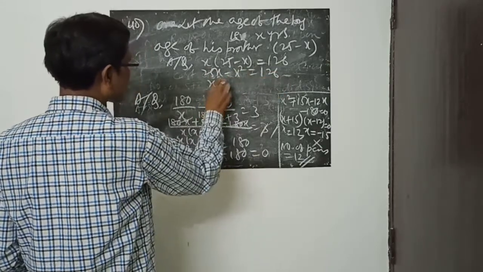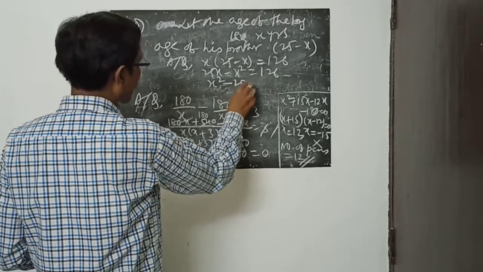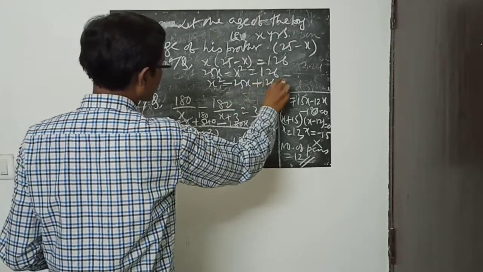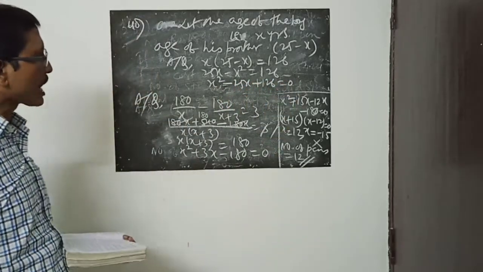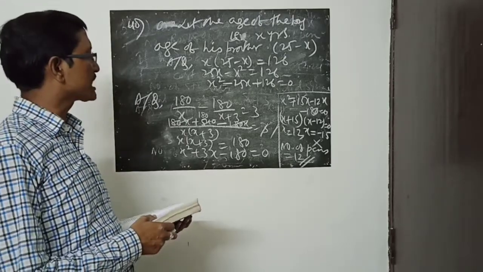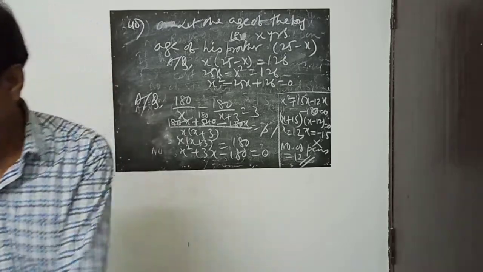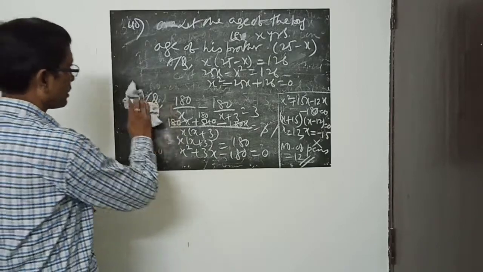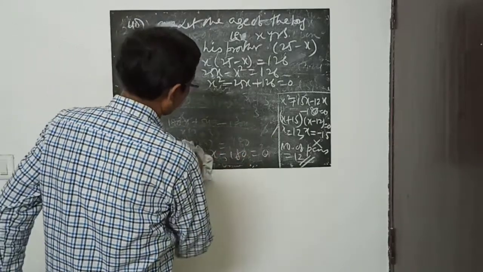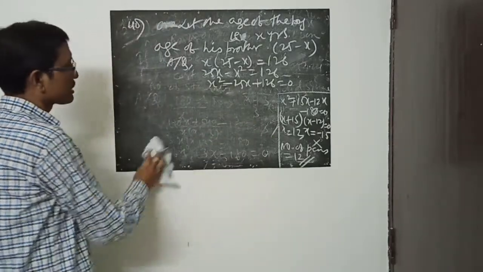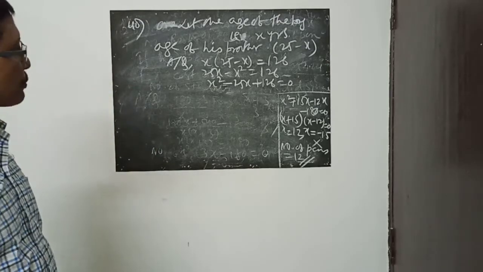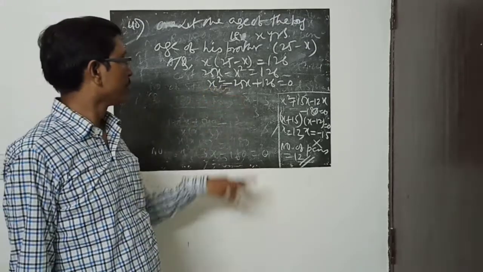If you take it to that side, ultimately x square minus 25x plus 126 equal to 0. The product is 126, that is the plus 126. You have to break it into two factors such that their sum will be 25.